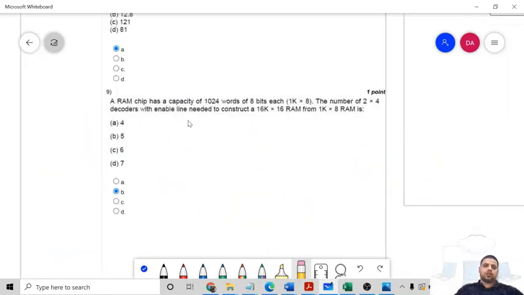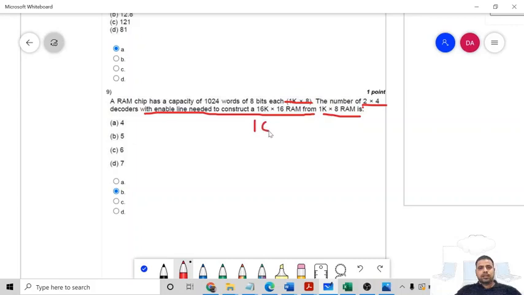Okay. The next question is, a RAM chip has a capacity of 1024 words of 8 bits each, meaning 1K into 8. We have to find the number of 2 cross 4 decoders with enable line needed to construct this much RAM from this much RAM. So just divide this by this.